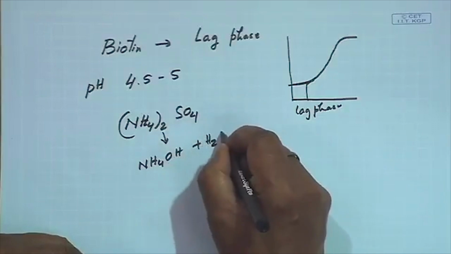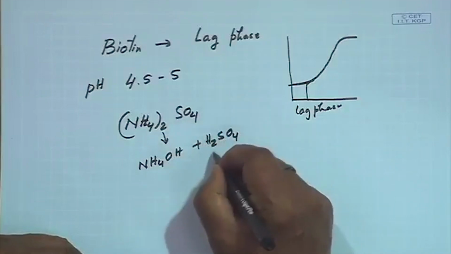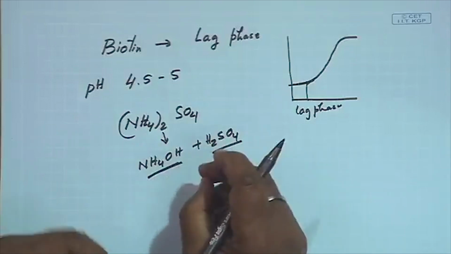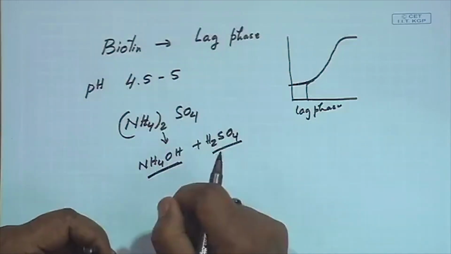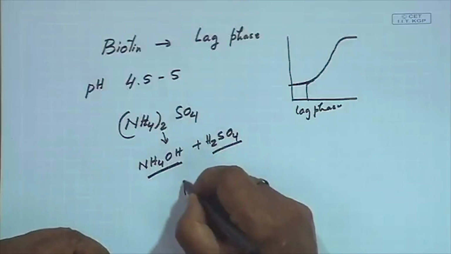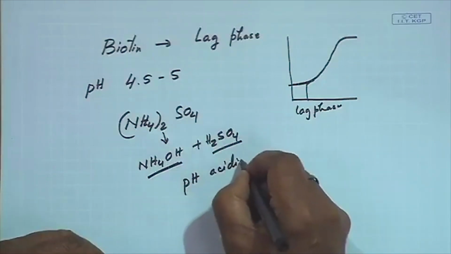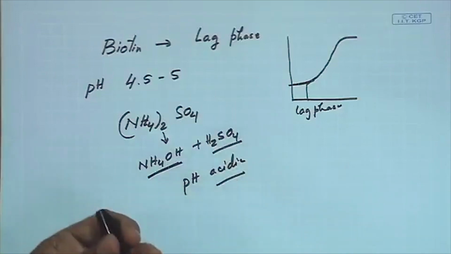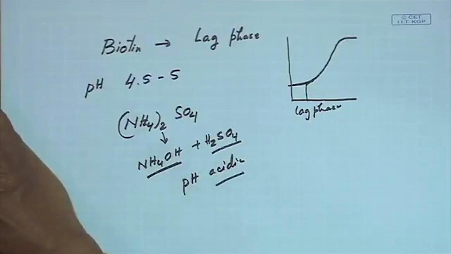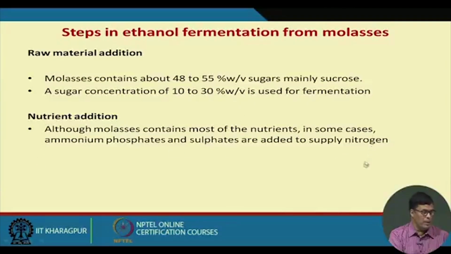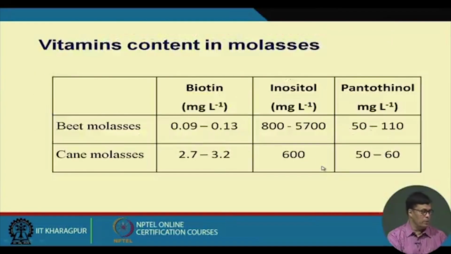Since H2SO4 is highly acidic, and this is the weak base, when you make a solution of ammonium sulfate, the pH will be acidic. So you don't have to add some acid to maintain the pH. Automatically the pH will be acidic. So that is why ammonium sulfate, usually prescribed as a nitrogen source, is greatly used for the yeast fermentation process.